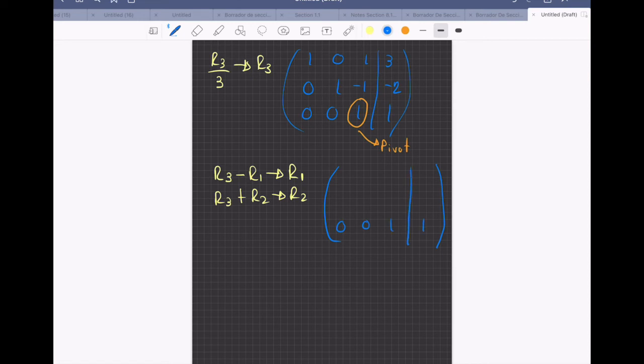Now row 1, new row 1. Subtract row 3 minus row 1. 0 minus 1, negative 1. 0 minus 0, 0. 1 minus 1, 0. And 1 minus 3, negative 2.